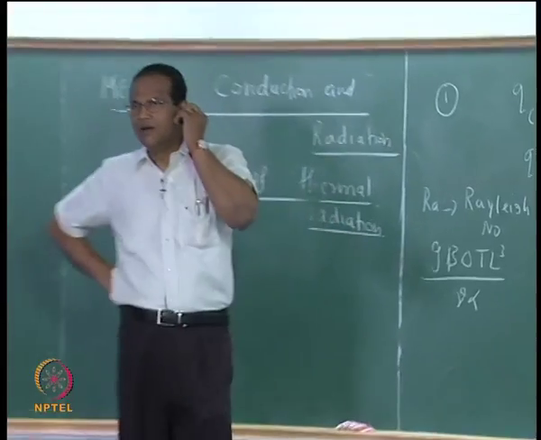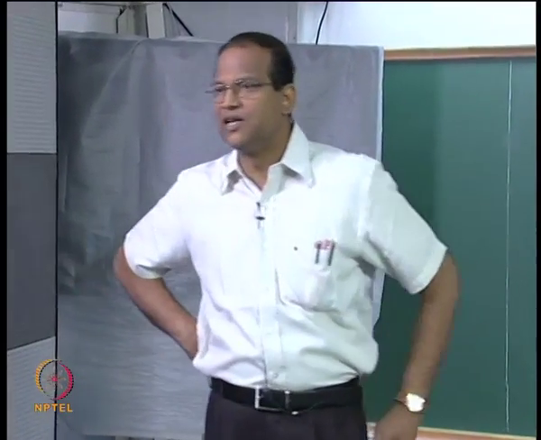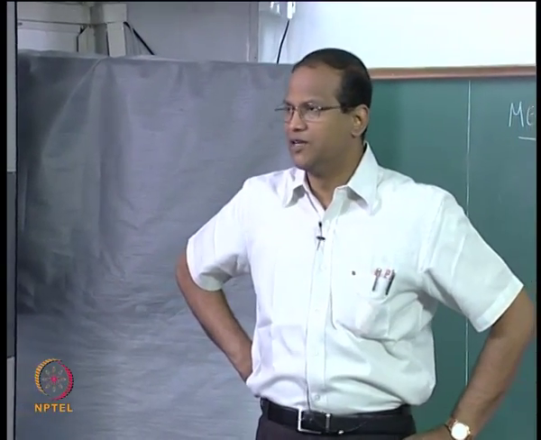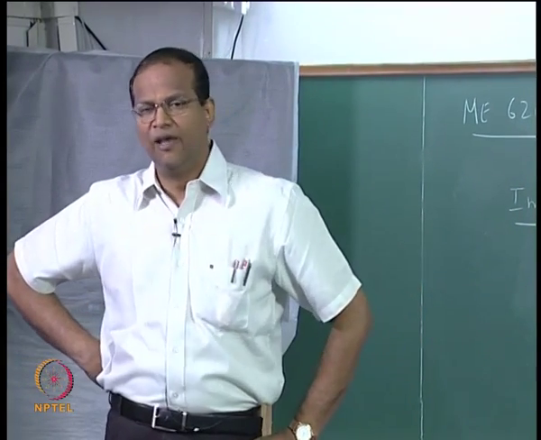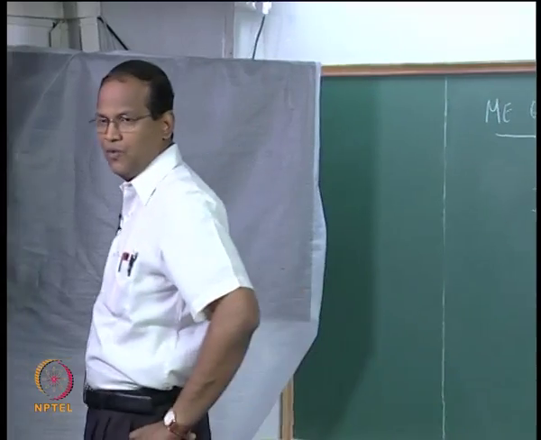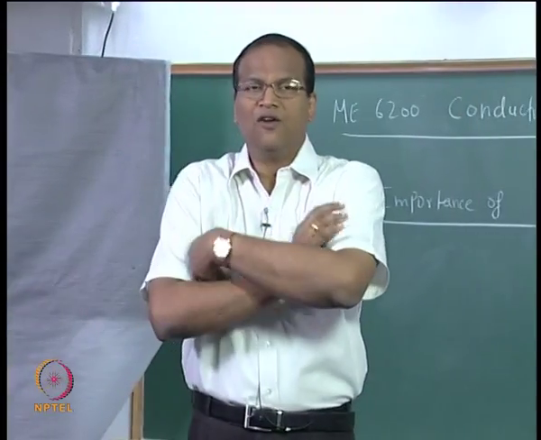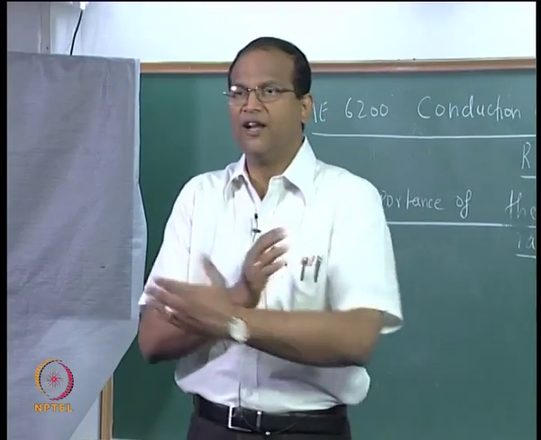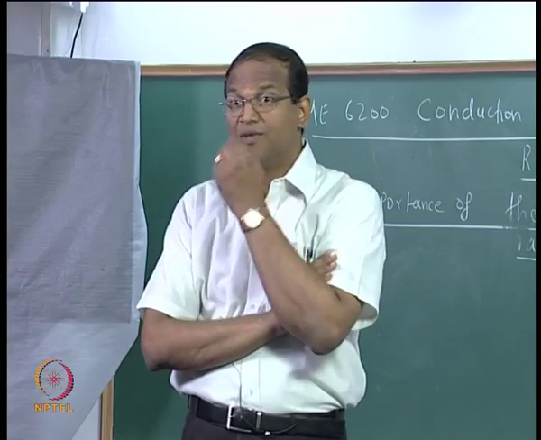So for the Rayleigh number, you can do a scaling analysis and prove that it is a fundamental dimensionless parameter governing free convection, much in the same way as the fundamental dimensionless parameter which governs forced convection is basically the Reynolds number. Many times it will be Reynolds number and Prandtl number; if you combine Reynolds into Prandtl it becomes the Peclet number.